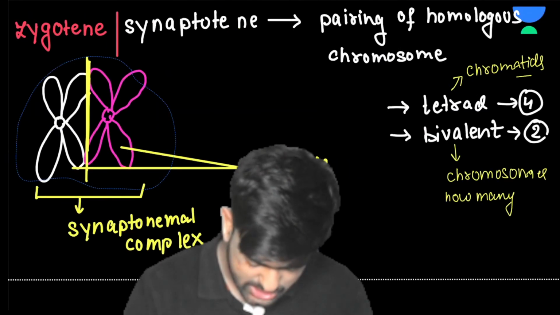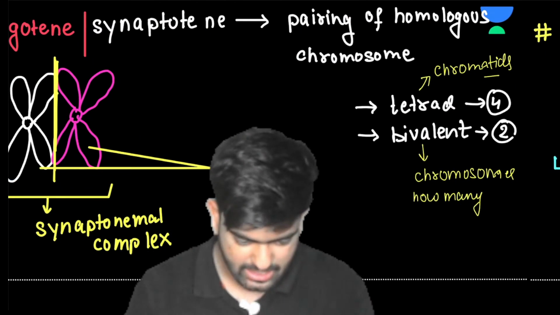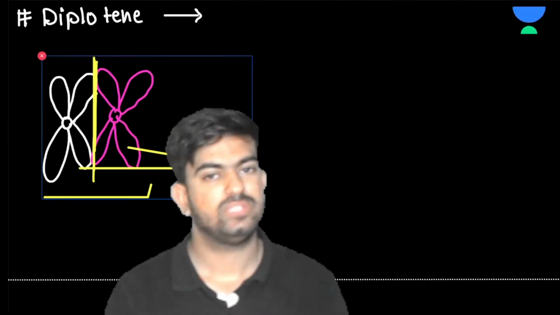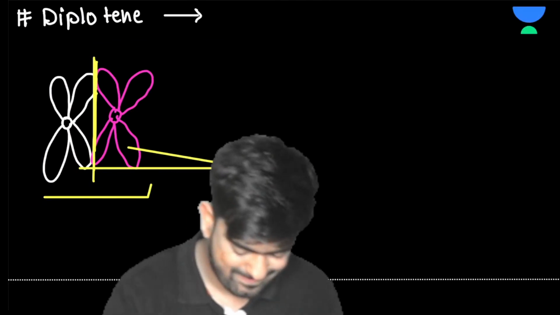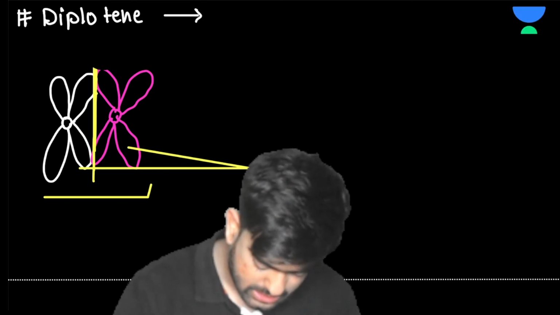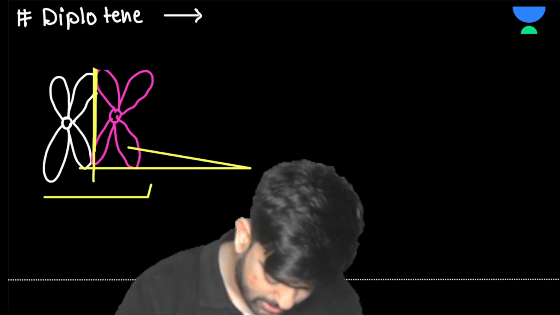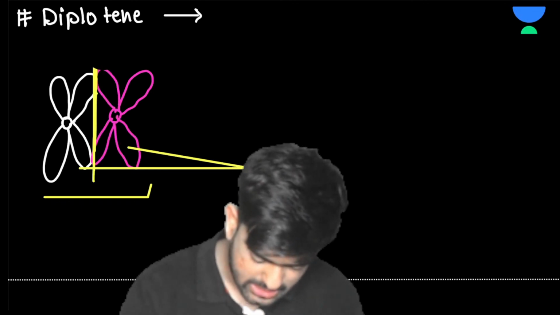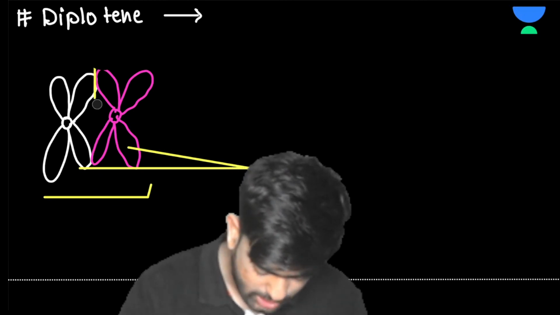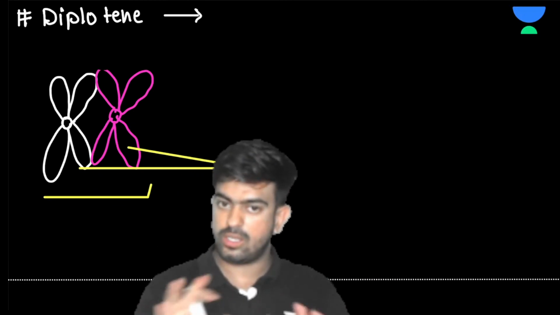Let me do a little cheating by copying this diagram to here. Okay, I hope that you haven't seen anything. Now let us erase this synaptonemal complex. Just the synaptonemal complex I need to erase. Yeah, so this synaptonemal complex got dissolved.